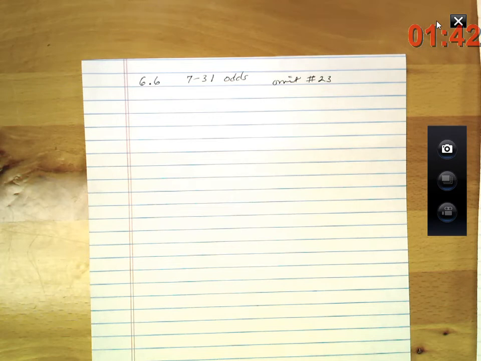I thought it'd have to be greater than. Well, you're right, it could be, you know, it's greater than 6, so it could be a 6.1. Gotcha.